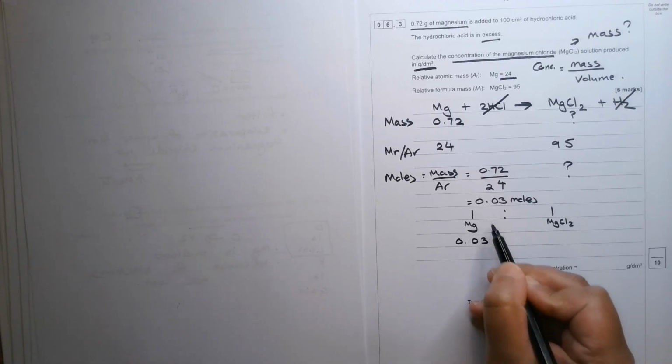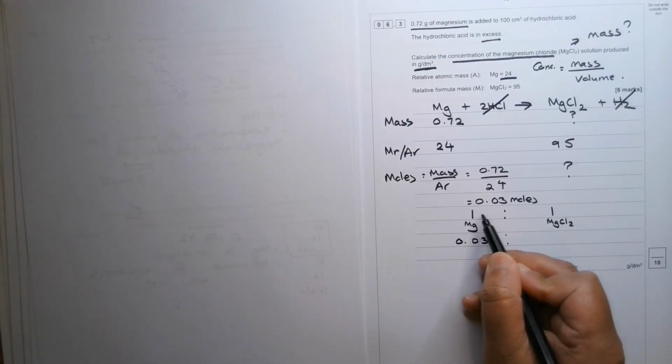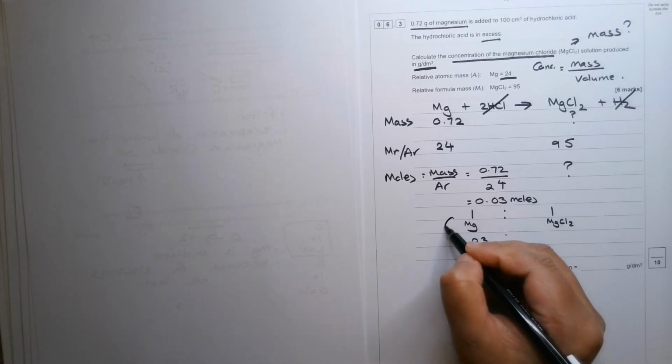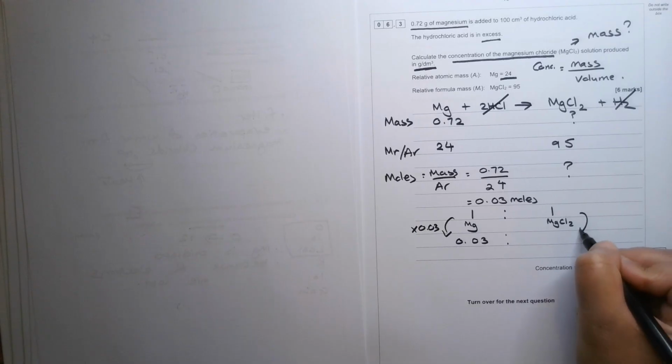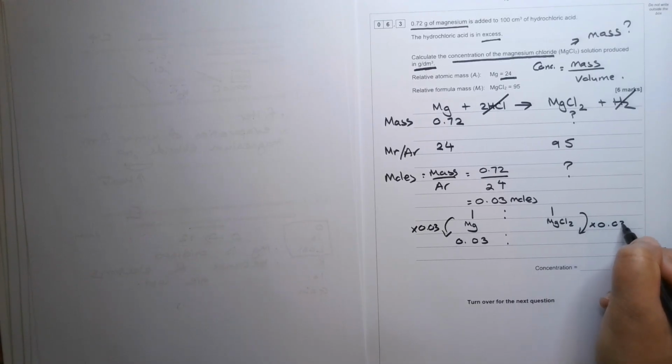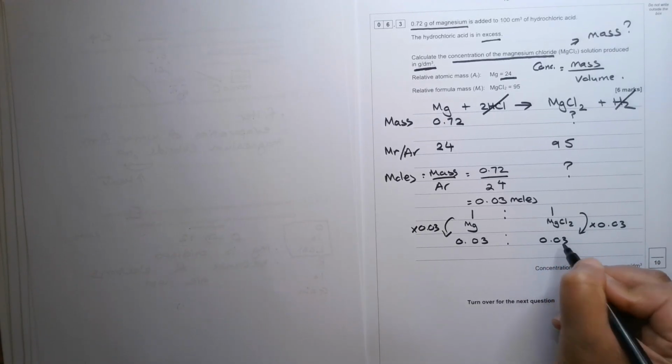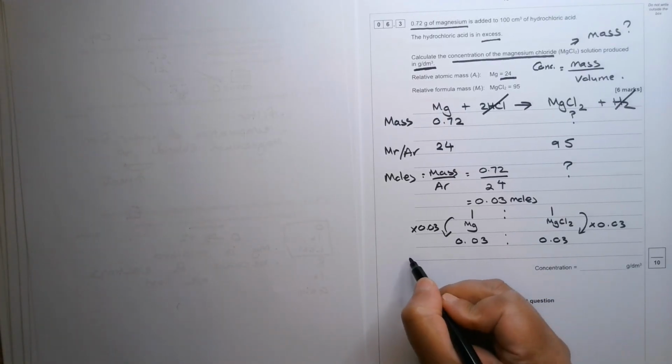For magnesium, I have 0.03 moles. It's a 1 to 1 ratio, so it must be the same on the other side. So the moles here is 0.03.